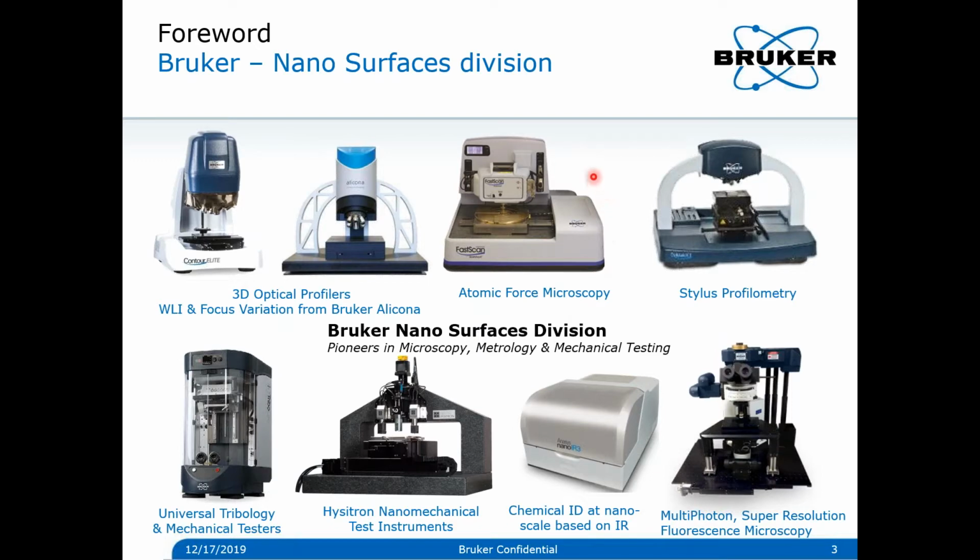We can also probe surfaces with atomic force microscopy, in topography and in electrical and mechanical properties down to the nanoscale. We can use the same atomic force microscopy principle for nanoscale infrared spectroscopy with nanoIR. Finally, we interact in a mechanical way with surfaces using tribology and mechanical testers, as well as nanoindentation or fluorescence microscopy.